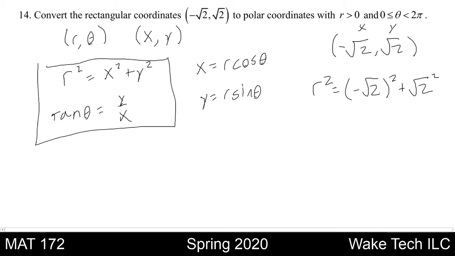And these luckily are just each equal to 2, so this is equal to 2 plus 2, which is just 4. But recall, that's not just r, that's r squared. So r is equal to plus or minus 2. In this method I'm talking about, we wouldn't use a negative because we want r greater than 0. All right. So r is equal to 2.